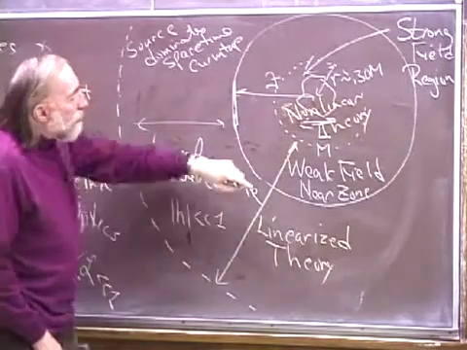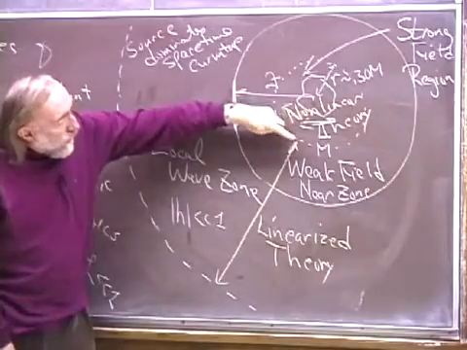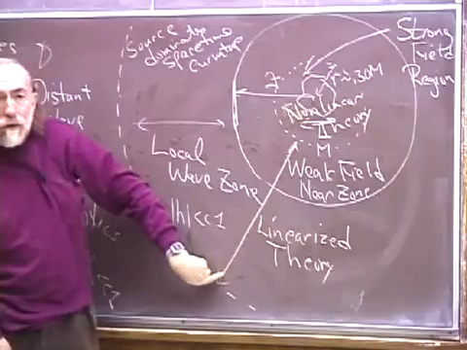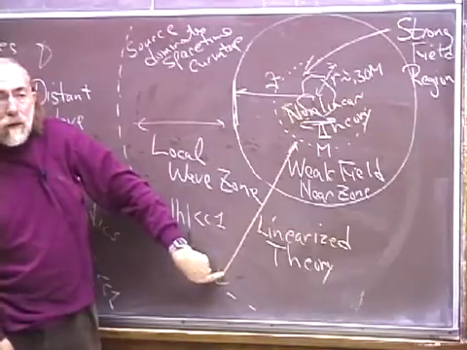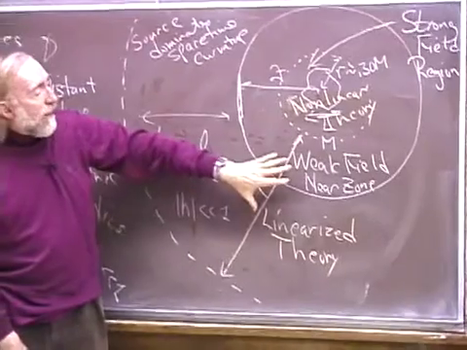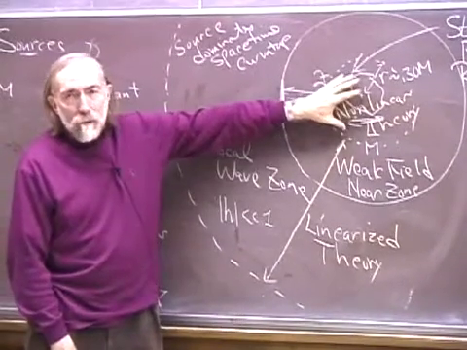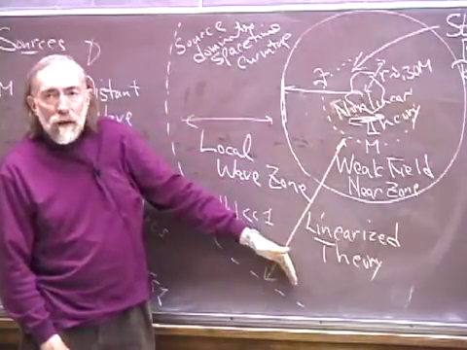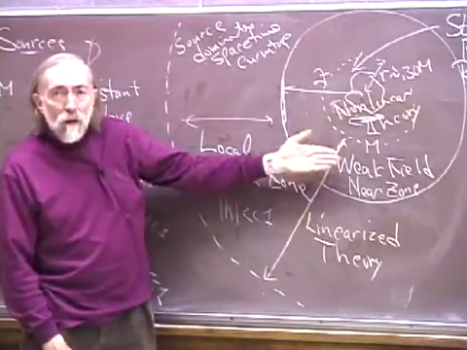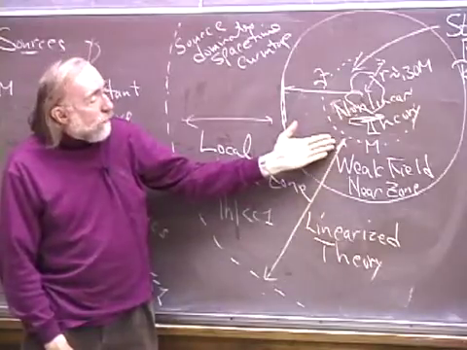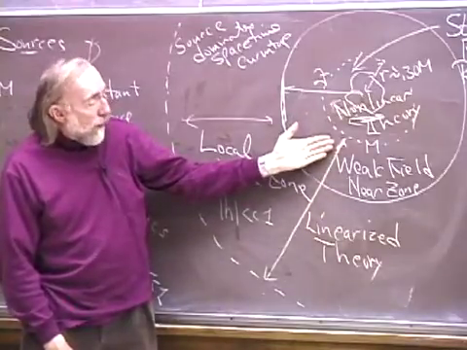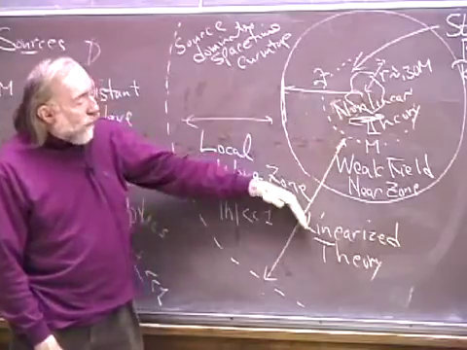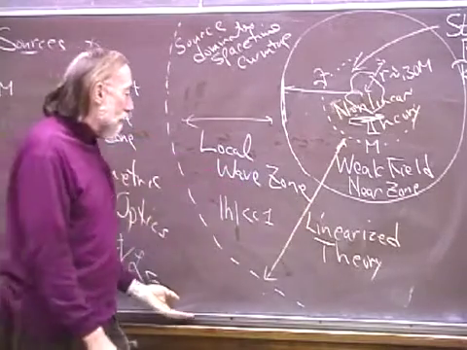What I want to do today is to give you some insight into the transition from the weak field near zone out into the local wave zone. I'm going to derive the quadrupole moment formula by a technique that does not deal with the source, a rather different technique, but a technique that deals with this transition from near zone to radiation zone, and it illustrates how a near gravitational field in the near zone transitions into and becomes a gravitational wave in the local wave zone.